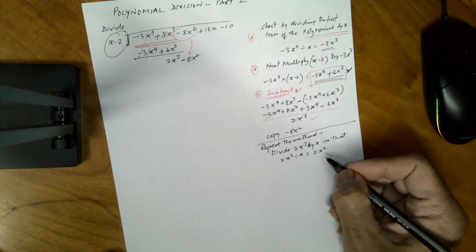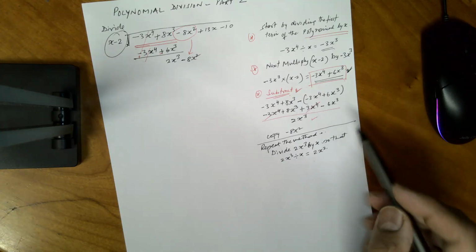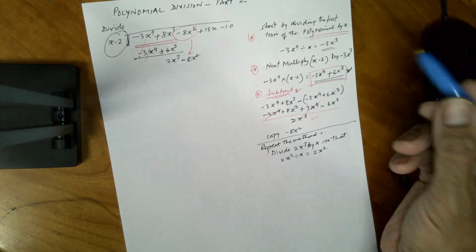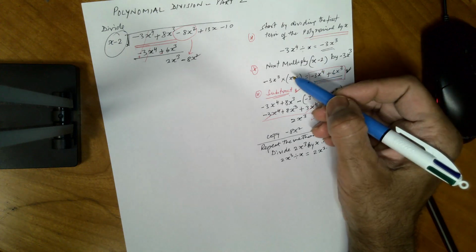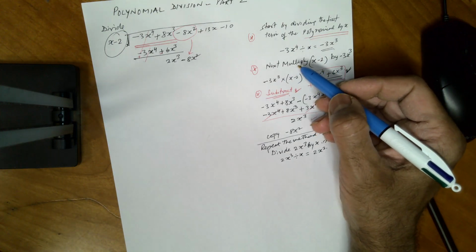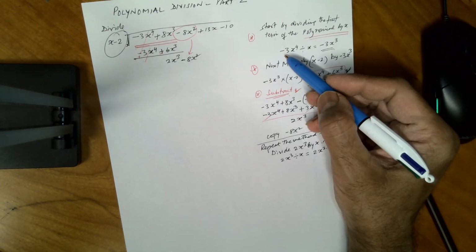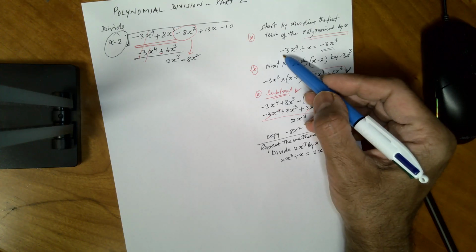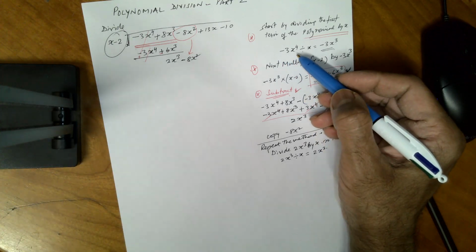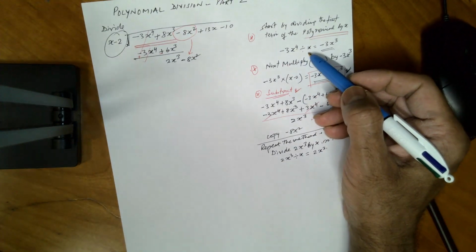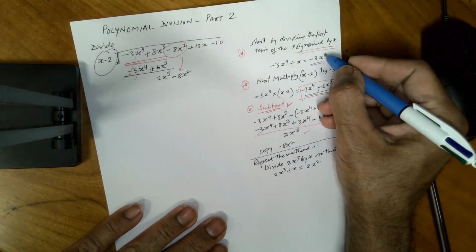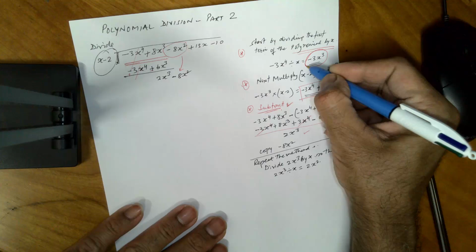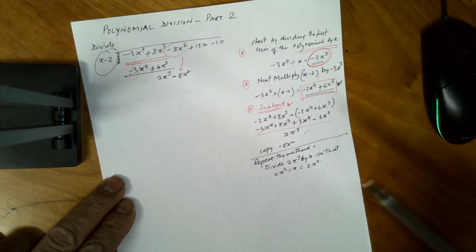Now I just forgot to tell you as well. I'm just going to go here, to the part we already did, where we divided minus 3x to the power 4 by x, and this is where we got minus 3x cubed.